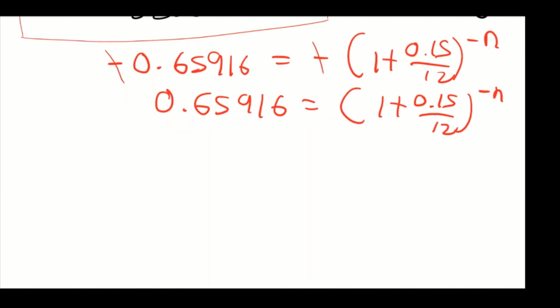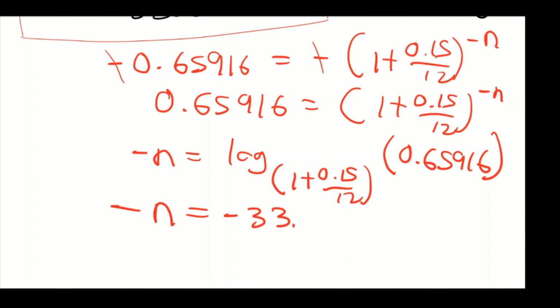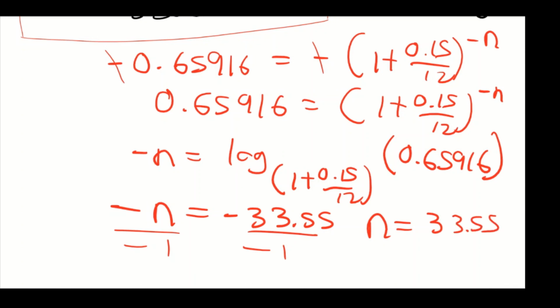So now we're going to use logs. So minus n is equal to log base 1 plus 0.15 over 12 of 0.65916. You're just going to punch this in your calculator. You should get minus 33.55, which when you divide by negative 1, you get n equals 33.55.